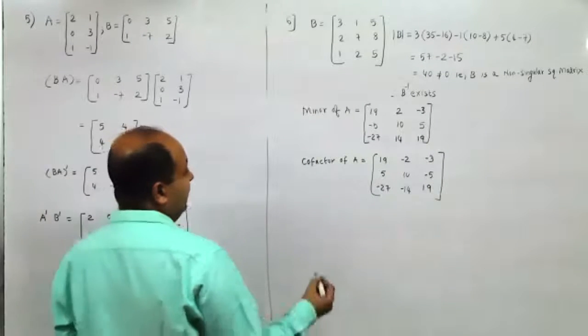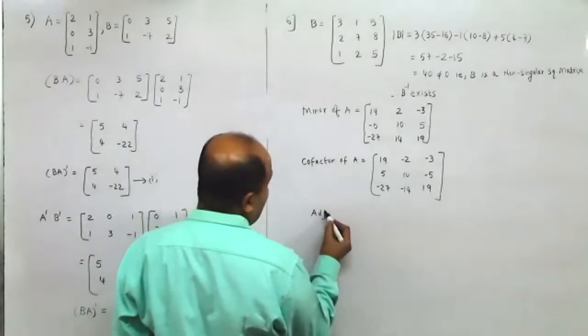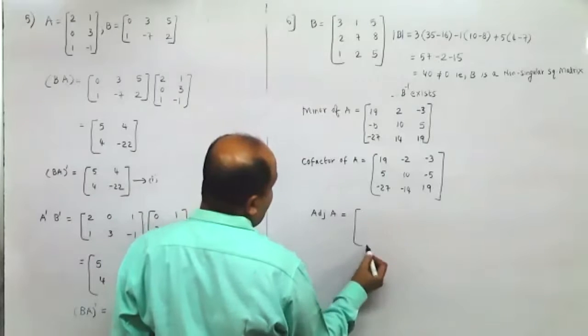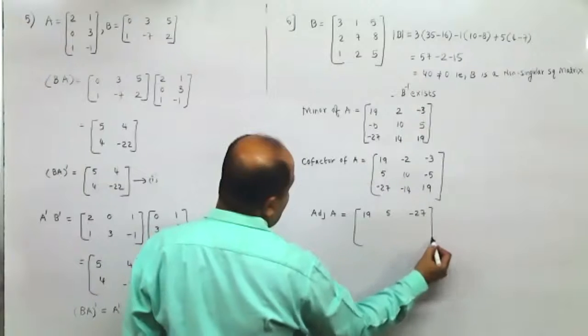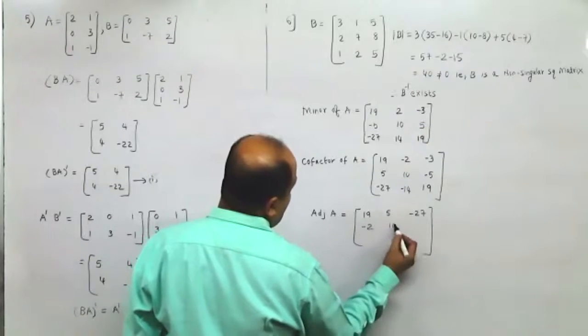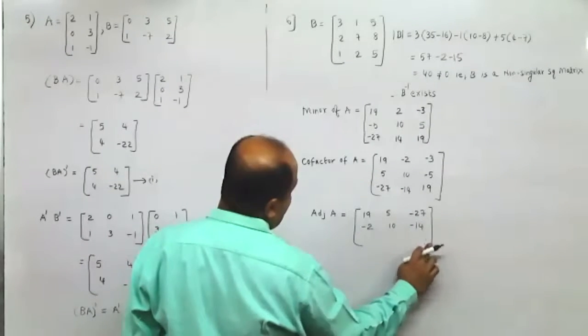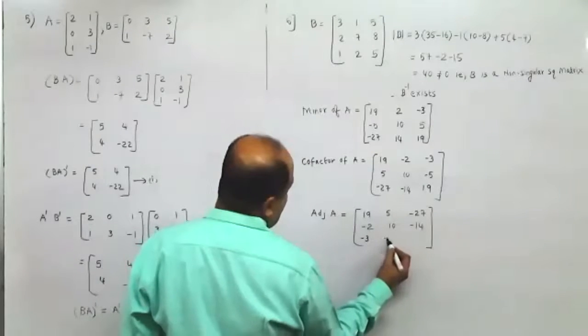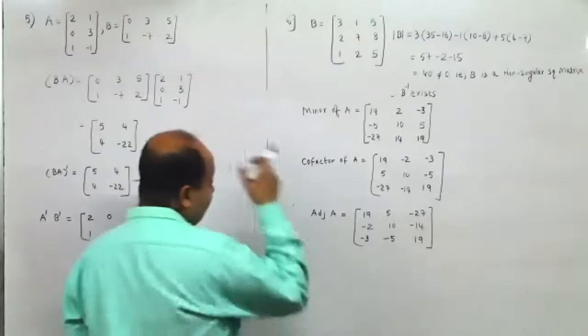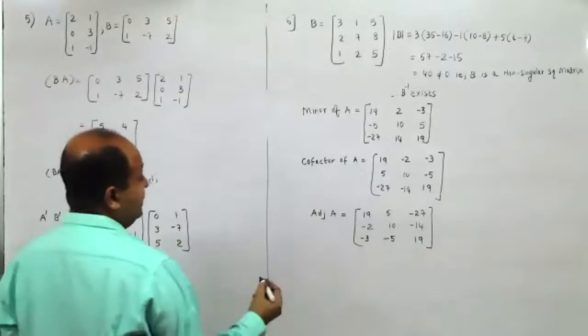Once you get minor and cofactor, then adjoint would be 19, 5, minus 27. This is minus 2, 10, minus 14. This is minus 3, minus 5, 19. This is adjoint of A. And what is A inverse?